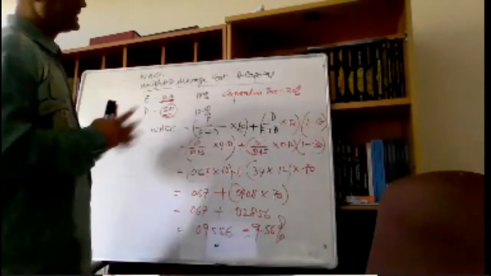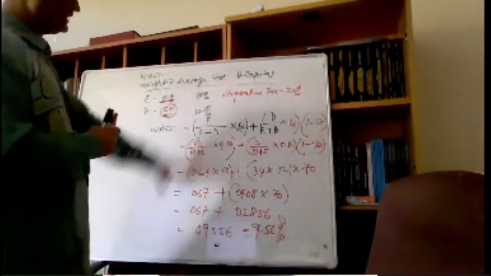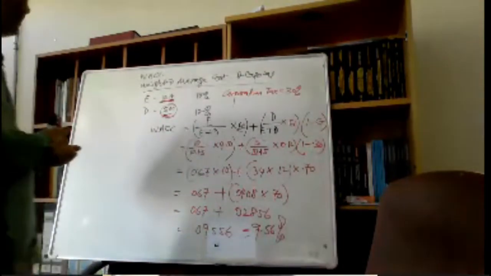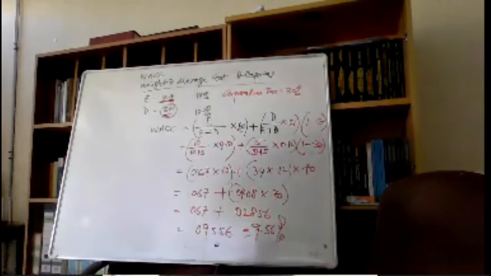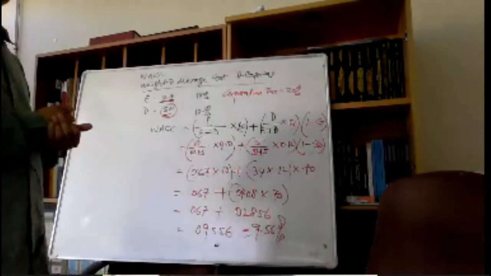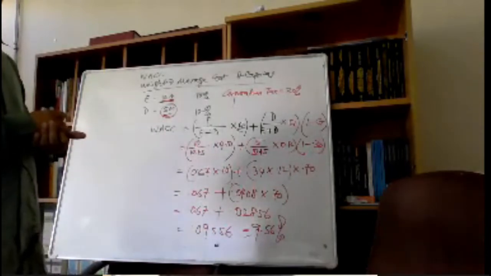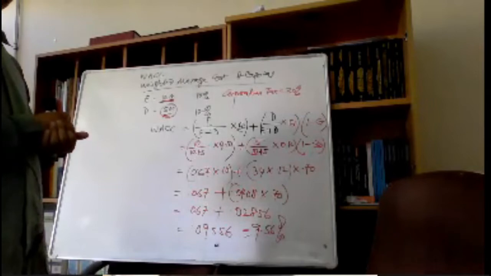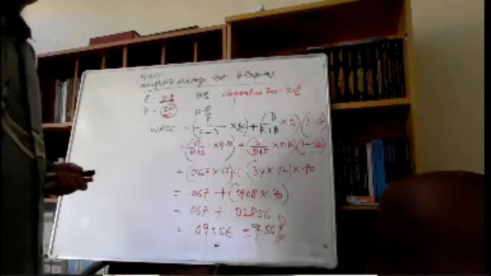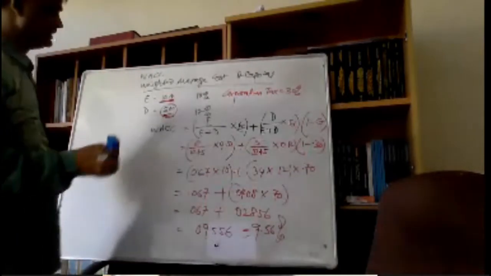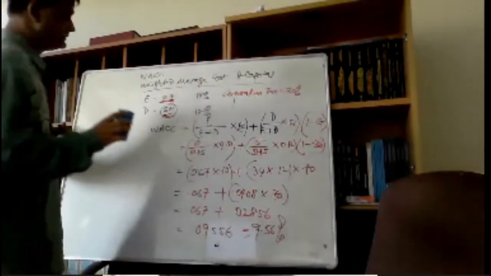In that case, the corporation tax is given. If it is given, then you have to use it this way. All right? Any question before I move on? Anyone? No? Since nobody asked, I assume everyone is very clear.